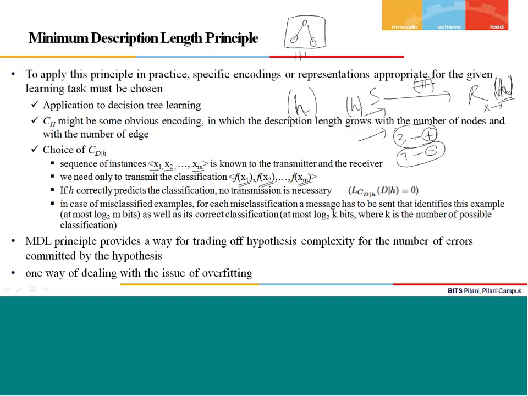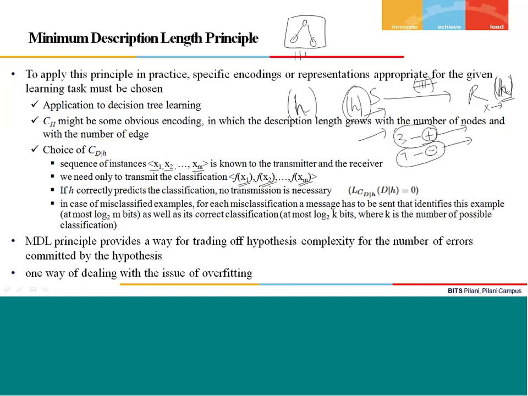So at first he sent the hypothesis. Now he is sending these two things also that are misclassified by the hypothesis, because the sender knows the correct classification, but the receiver doesn't know it. In that case, every misclassified example needs to be sent to the receiver side along with its actual classification. If you use the larger hypothesis, then the classification error will be 0.